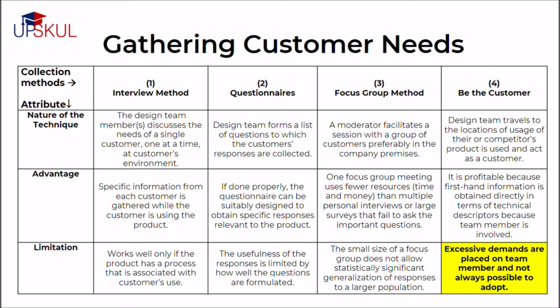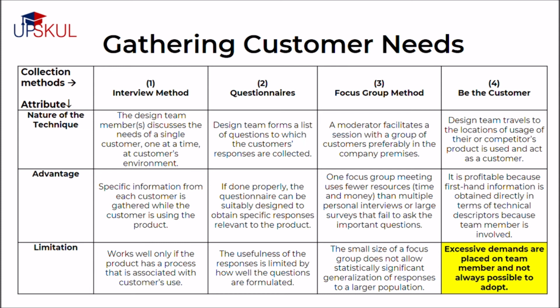But here, excessive demands are placed on the team member and it's not always possible to adapt. So if you have a very big team or even a moderate-sized team, only then can you follow this activity. So these were the ways that you can use to get all the data that you want about the product.